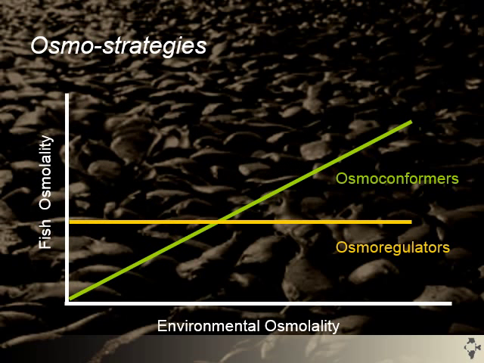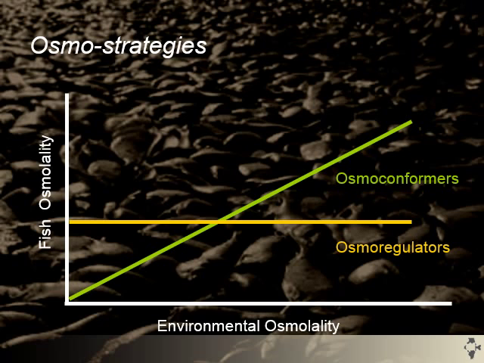So let's take a look graphically at what some of these strategies might look like. On the x-axis you have environmental osmolality, so we're going from pure fresh water on the left-hand side to full-strength seawater on the right-hand side, and on the y-axis we have the fish osmolality.